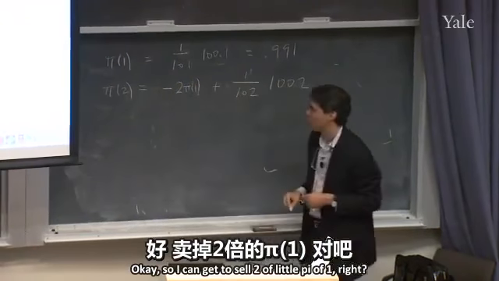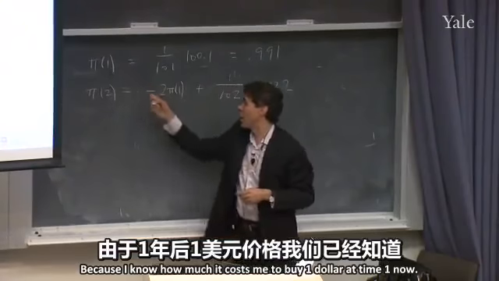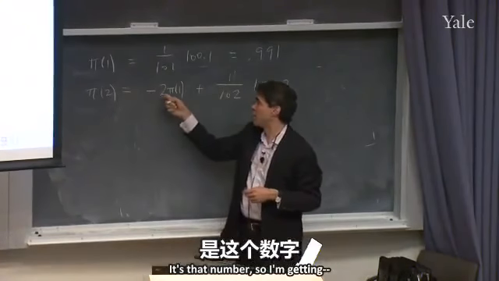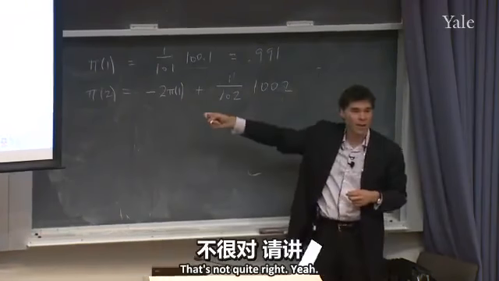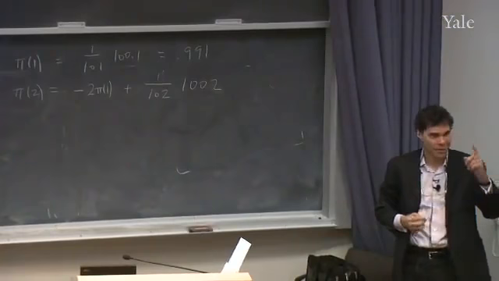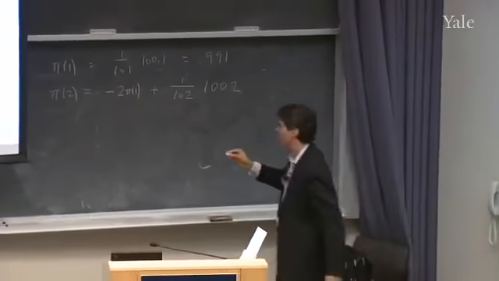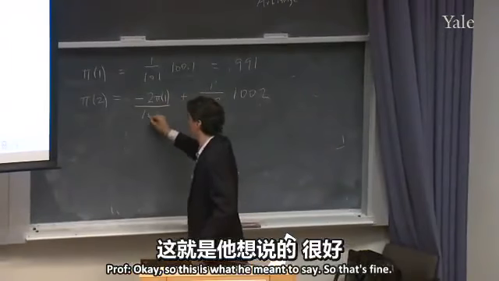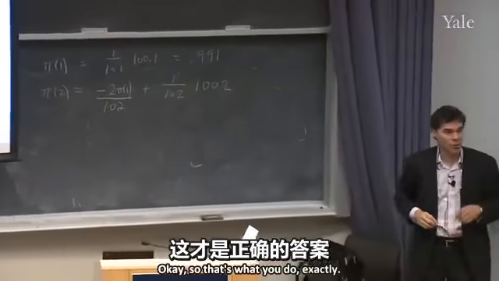Because I know how much it costs me to buy $1 at time 1, it's that number. So is that correct, what I've written here? That's what you said. That's not quite right. You didn't actually buy $2. Okay, so this is what he meant to say. That's fine. So that's what you do exactly.